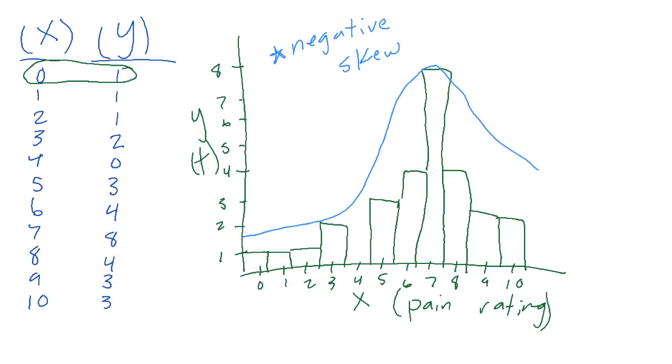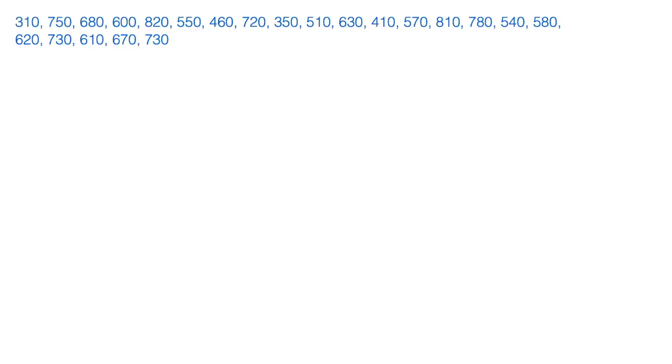So I'll take us over to the whiteboard. We'll get us a new slide. And I'll get the data over here, and let's go ahead and give this data a go. Okay, so we have here a number of scores.